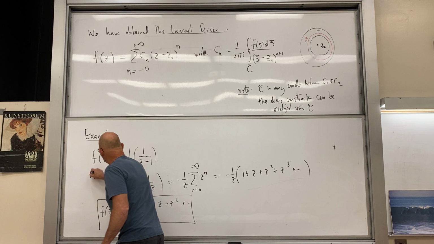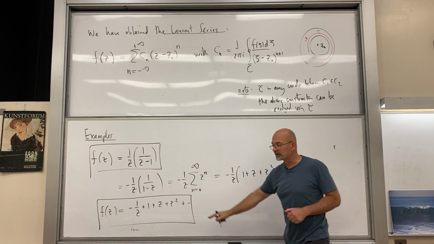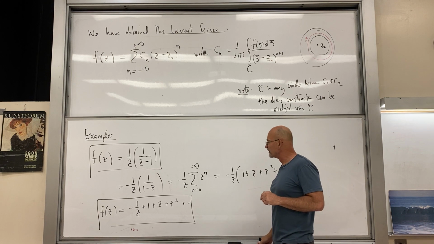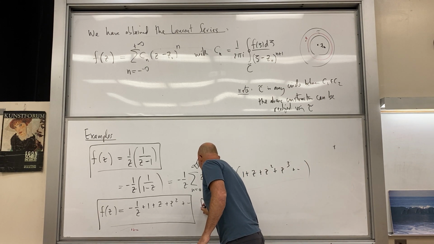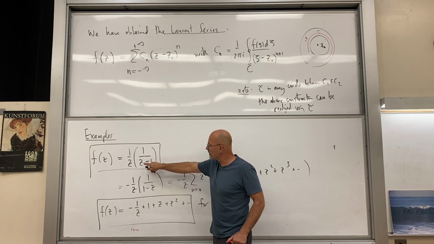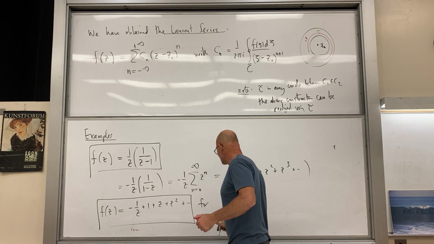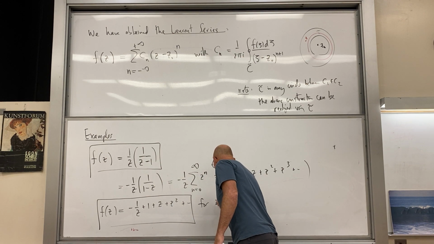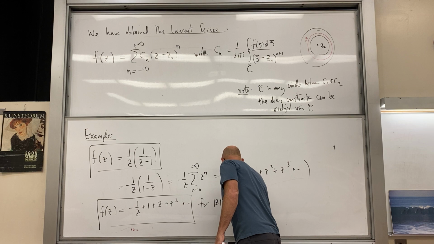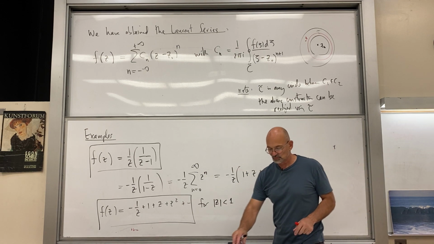So this function has this Laurent series about 0, and clearly because of where this thing came from, we know the convergence of 1 over 1 minus z tells us that this is for magnitude of z less than 1. So that's the Laurent series for z less than 1.